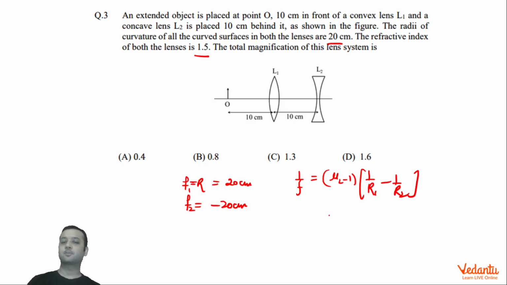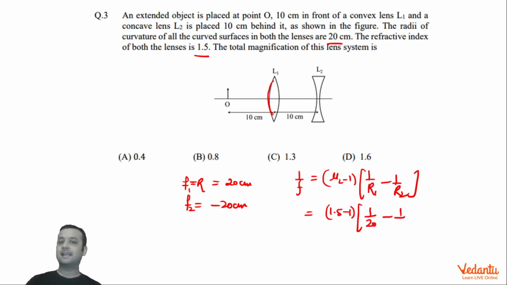This is the lens maker formula. For the convex lens, mu of lens minus 1 is 1.5 minus 1, and R1 will be +20, because the incident ray is going in the positive direction and the center of curvature of this surface is on the right side of the pole. So you keep it as plus.